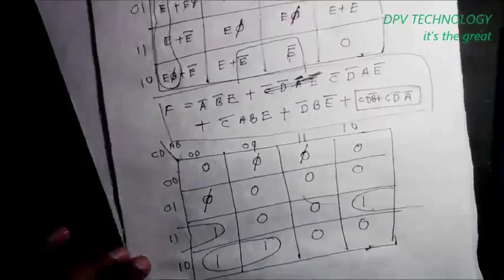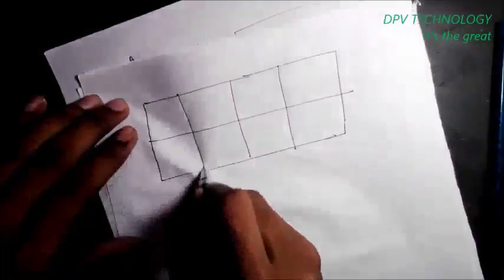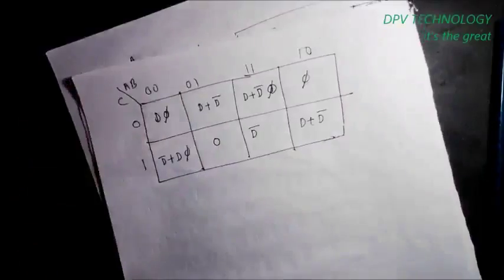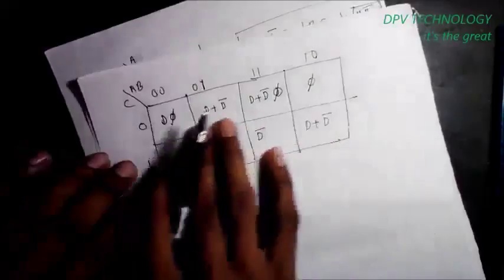At last I want to show one more example with 3 variable. This is my last example. You can get this from the truth table.